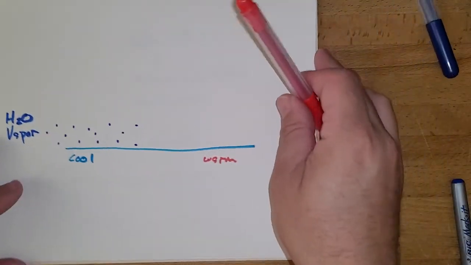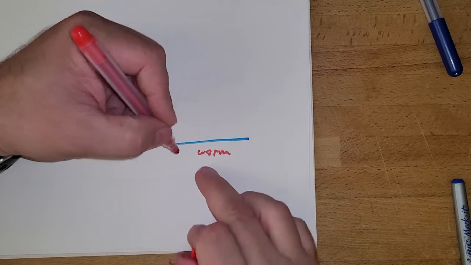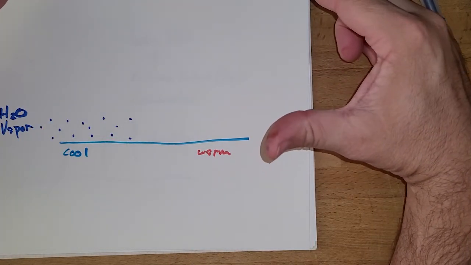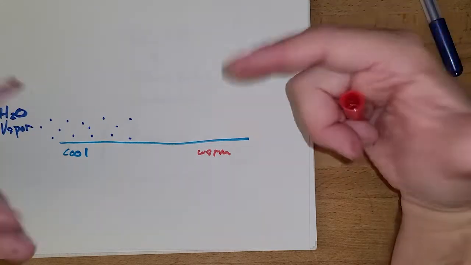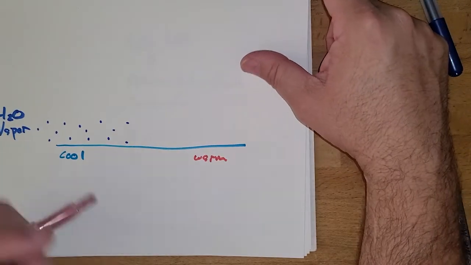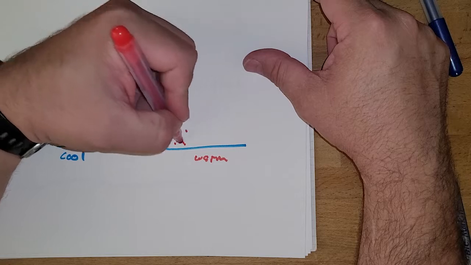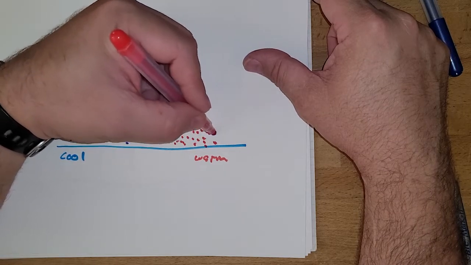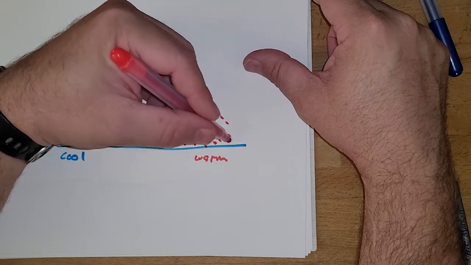However, if we go over to the Gulf of Mexico, then we're going to have warm water. With warm water, the molecules are more excited already. They're closer to this process of evaporation. And so if we did measure the amount of humidity there, it's going to be increased.